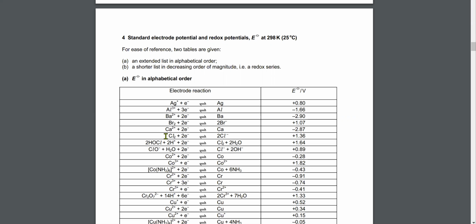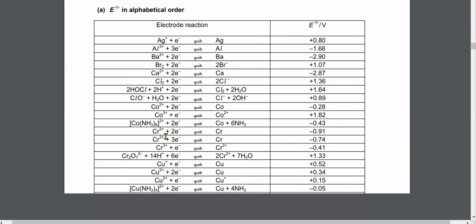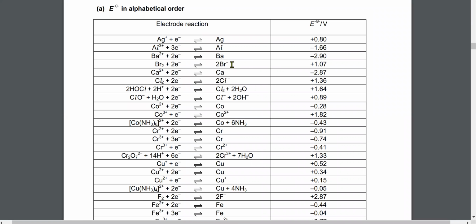And what else did we have? We had Br minus 1, which is over here. So you have another reaction in which you have Br2 gaining 2 electrons in equilibrium with 2 Br minus 1, and this value is 1.07 volts. And the third one is for K plus 1.